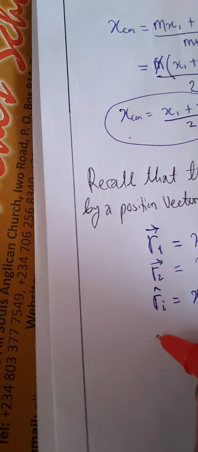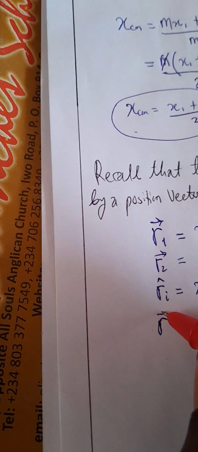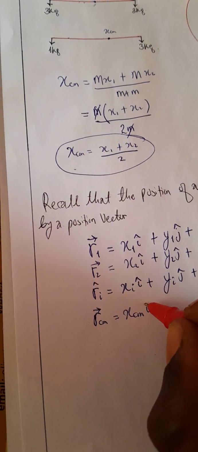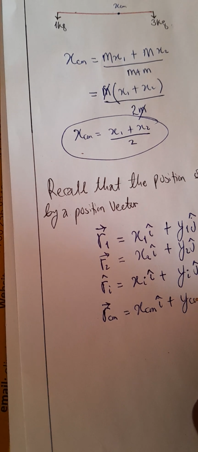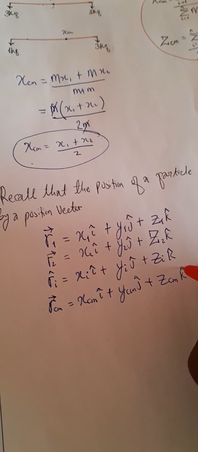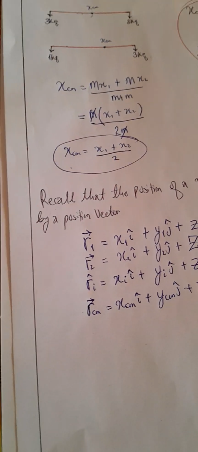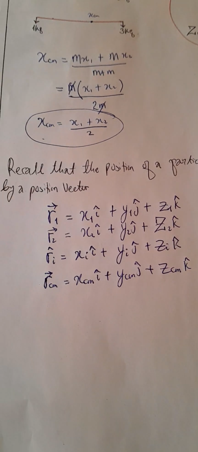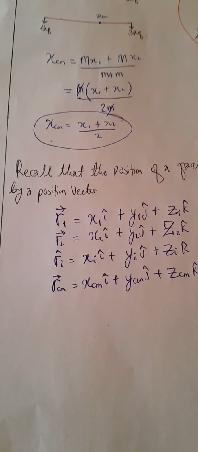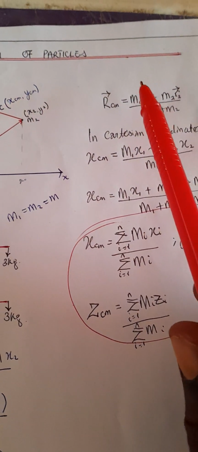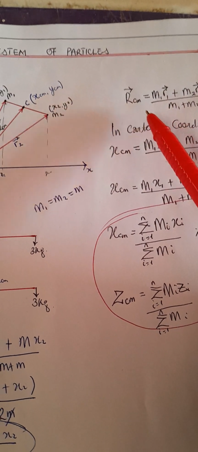All right. What about the center of mass? The distance is just the same thing. rcm equals xcm i cap plus ycm j cap plus zcm k cap. So in general, back to the very first equation we wrote, we just write the general formula using the position vector.